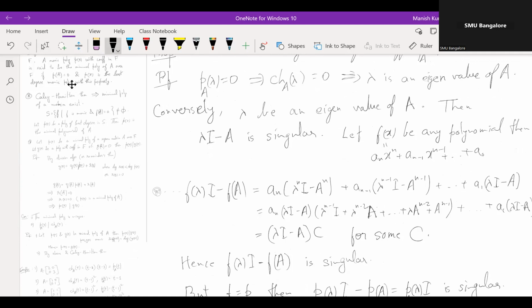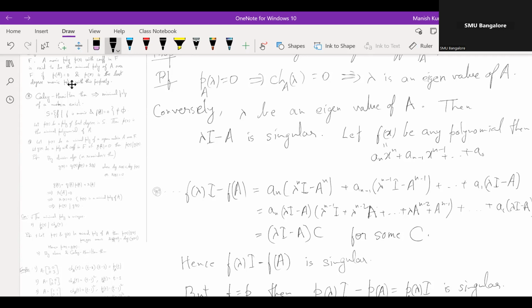So you can factor out a lambda I minus A from the first term, similarly from the second term, and then you will get some matrix. From the third term you'll get some matrix, and so on. And the last term, we already have lambda I minus A. So then we can factor out a lambda I minus A completely, and we'll get some matrix C, which we don't know what it looks like, but it's some square matrix, which we don't care about as well.